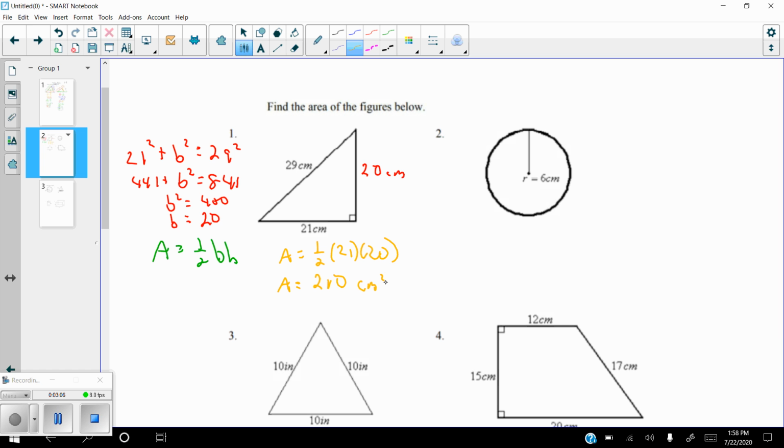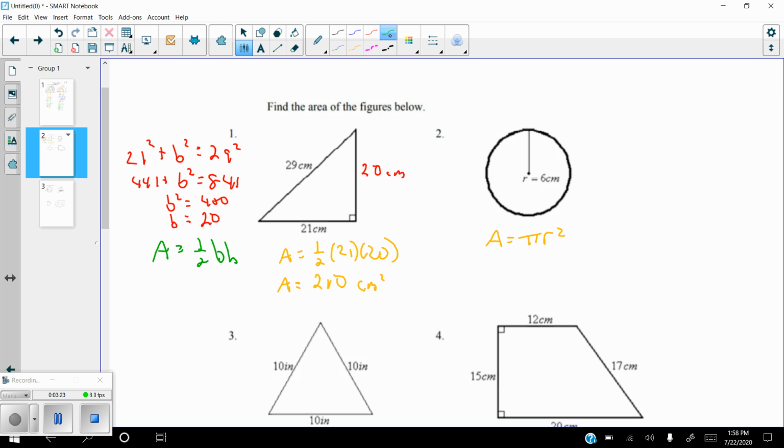Another common area that we have to deal with is a circle. Circle area, if you guys remember, is pi r squared. So the most important thing we need there is r. They gave us r. This one's going to be really simple.